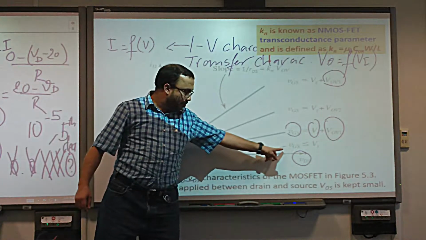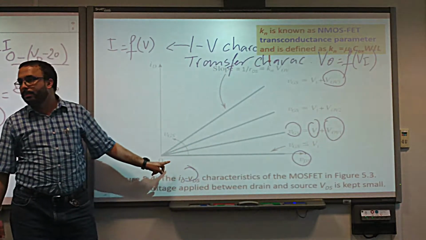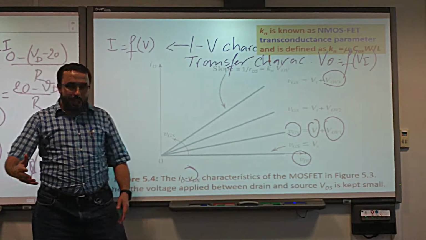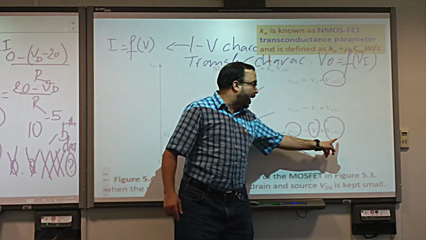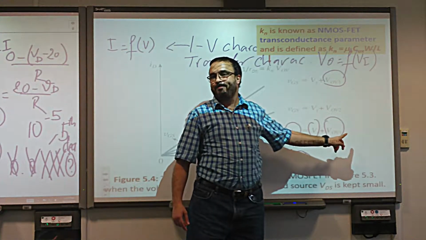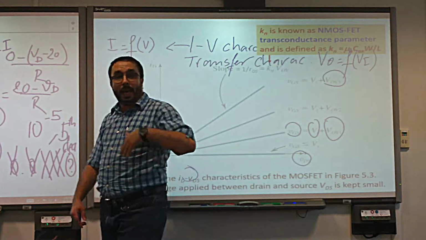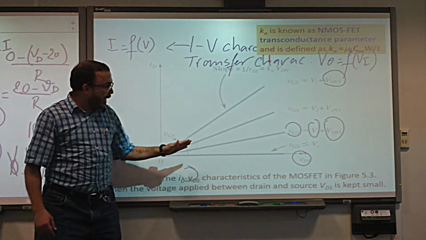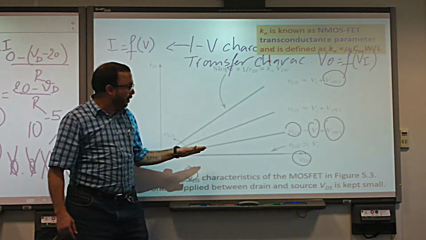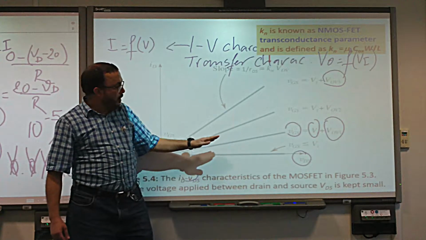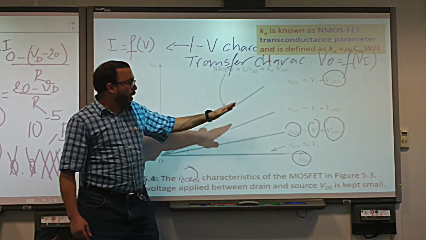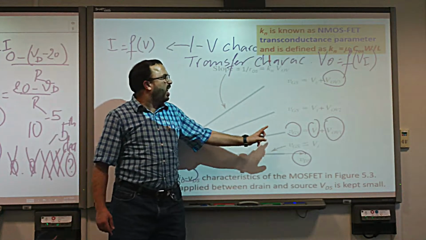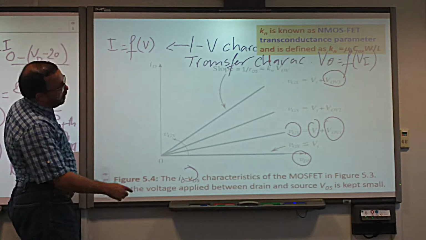That's why this curve is 0. Now, if VGS is above VT by V overdrive, then we will have a current, and that current has this IV characteristic, the same as Ohm's law, 1 over R times VDS, where R we found very easily.